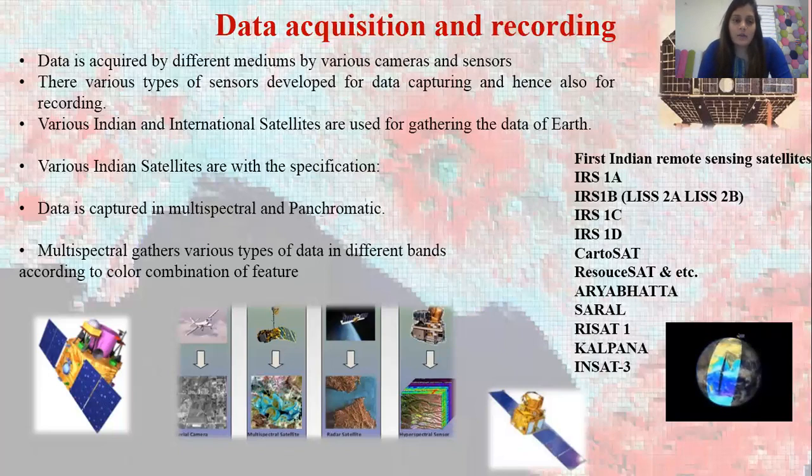So this is how our whole space department works, and how the specifications of the sensors and satellites are very important. We will discuss further on. So multispectral, hyperspectral, aerial photography, radar satellites, all you have to remember which type of satellites, which type of data we can obtain. So in the next we will discuss all the satellites and sensors.